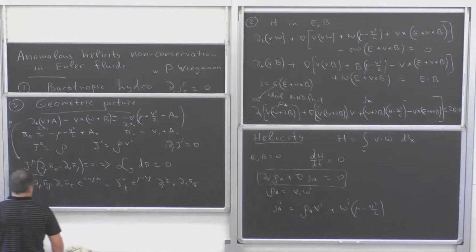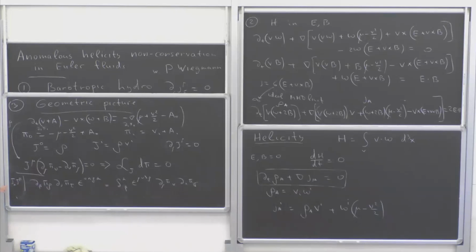But what's important from here is that if I multiply this by j alpha, j beta, both sides, right? These are 3 indices here, alpha and beta. So I contract it with my current, and j beta multiplied by d beta pi is 0.